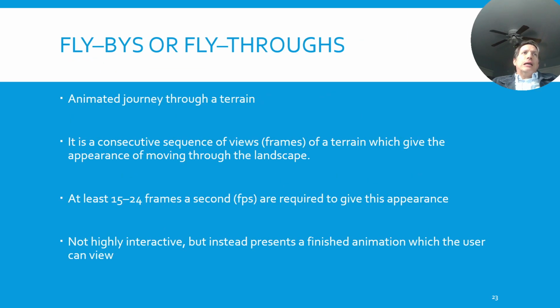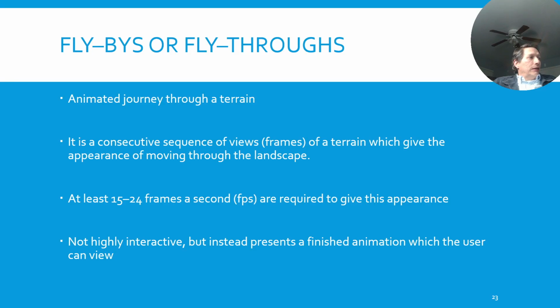And if we think about flybys or flight-throughs, that's basically an animated journey through a terrain, no? And then we have different frames of that terrain that give the appearance of moving through that landscape. To have a really good experience, usually we want 15 to 20 frames per second, because our eye is going to have that illusion of movement. There is no really high interactivity, but it could be presented as an animation that the user can see.